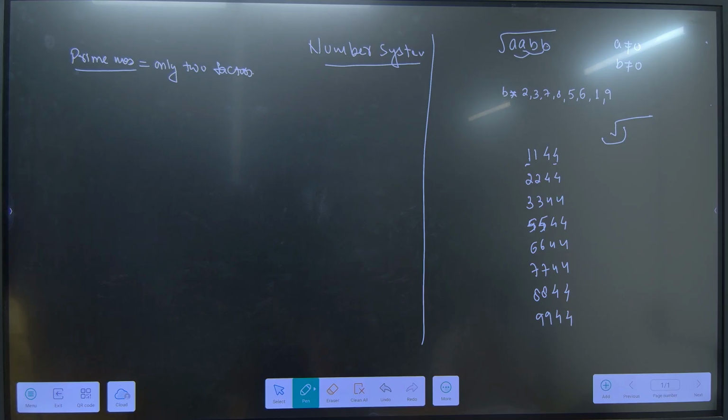Prime numbers are random. You cannot determine any particular formula to find out prime numbers, right?